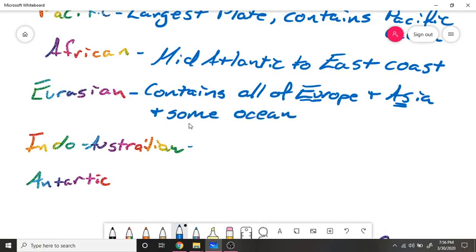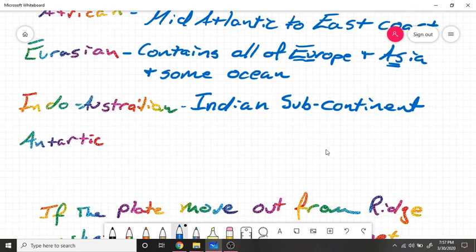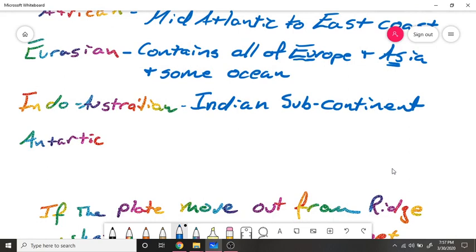The Indo-Australian plate contains the Indian subcontinent, which is basically the country of India, and Australia. We're not even going to try to fix that. Australia.